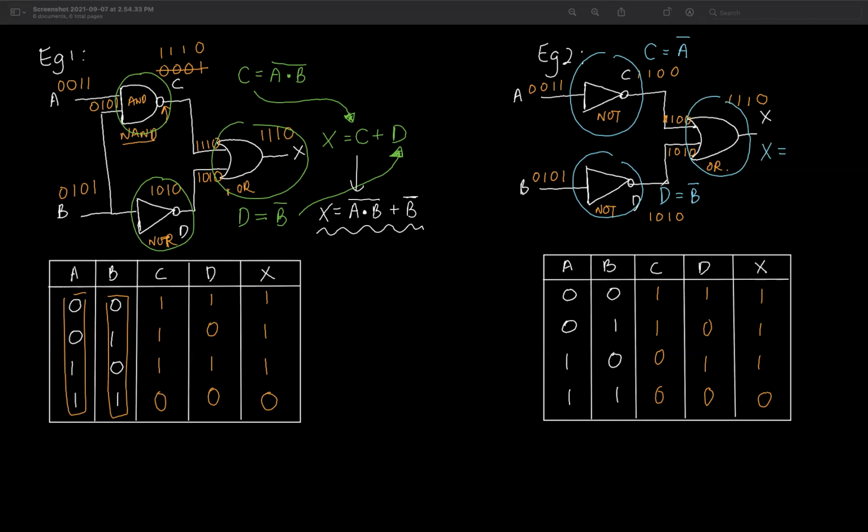The input is C and the input is D. So the OR gate is C plus D. Then we substitute inside. C is A bar, plus D is B bar. So that is X. A bar plus B bar. I can also write this as A plus B bar. This is my Boolean expression.